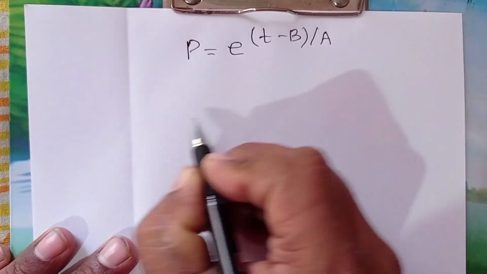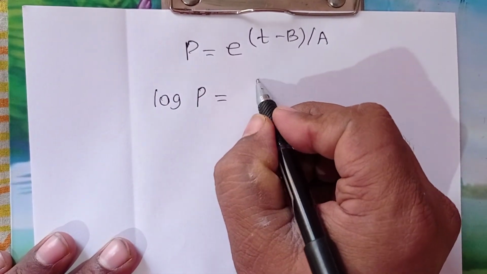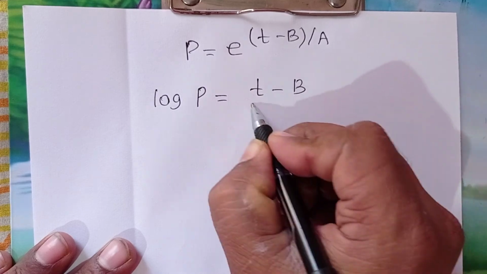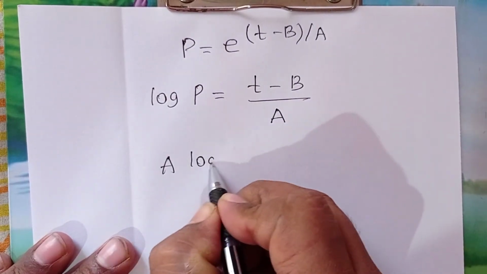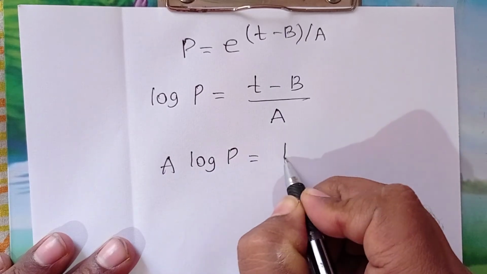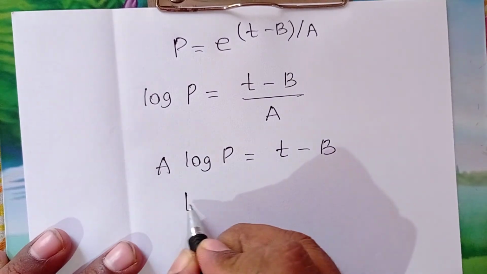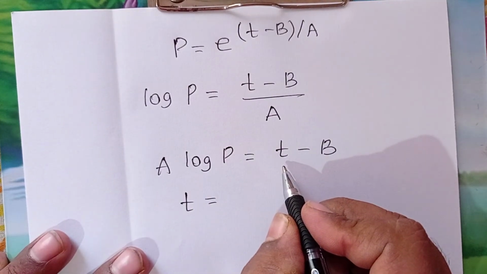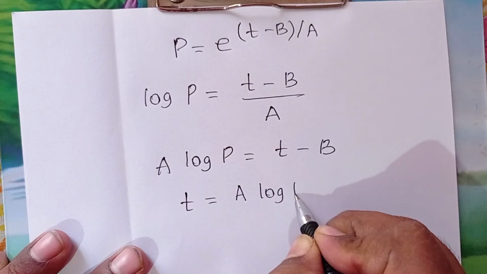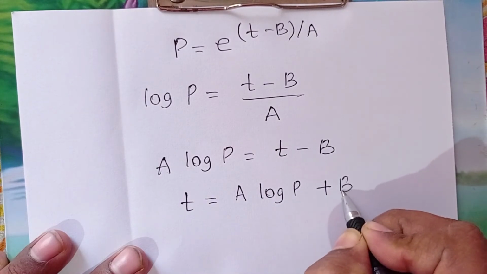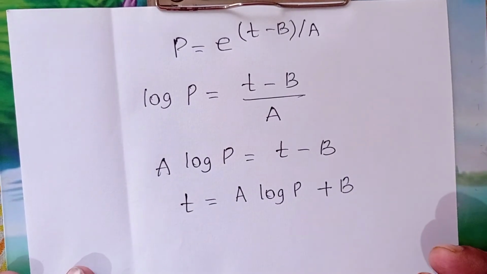I will take the log on both the sides. Log p is equal to t minus b by a. So a log p will be equal to t minus b, or t will be equal to b plus a log p, whichever way you want to write the answer.